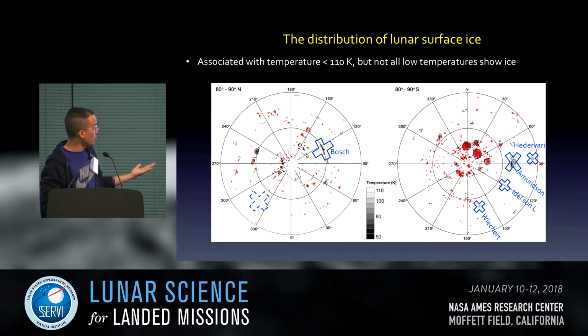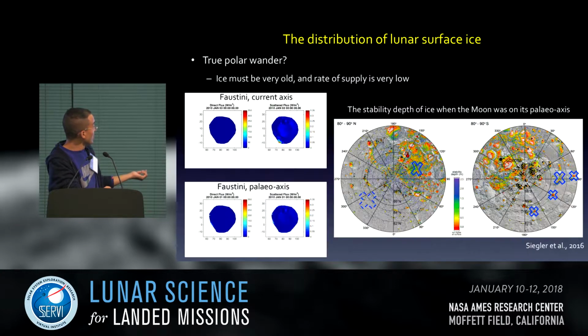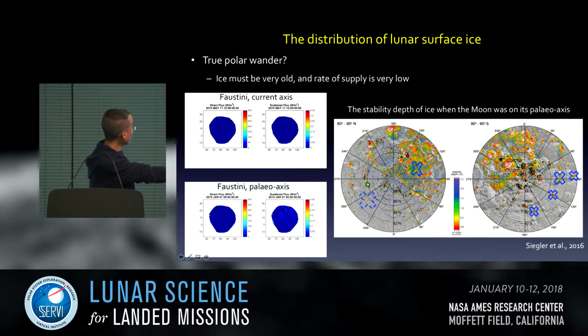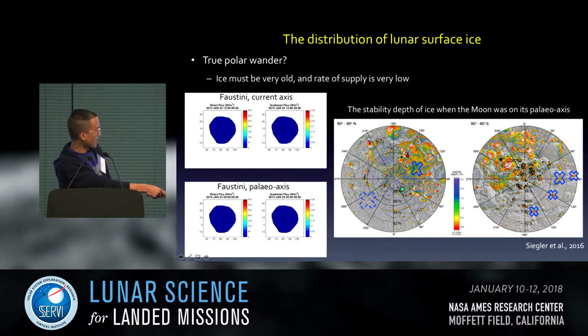This distribution pattern is very interesting because we looked at the true polar wander map proposed by Matt Siegler et al. This is the ice stability depth when the Moon was on its paleo axis. And it's interesting: if you look at the outliers where you see low temperature now but you don't see ice exposure, the ice stability depth is way thicker when the Moon was on its paleo axis.